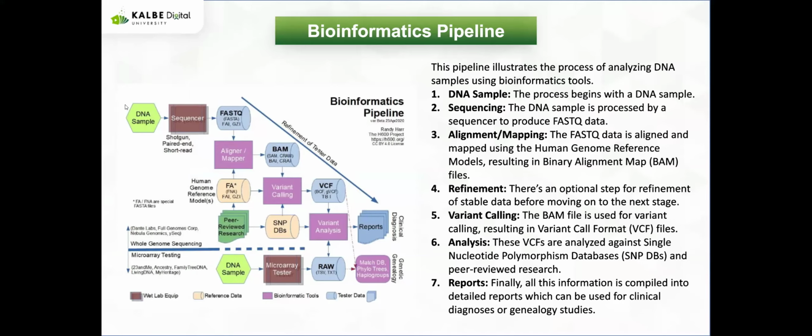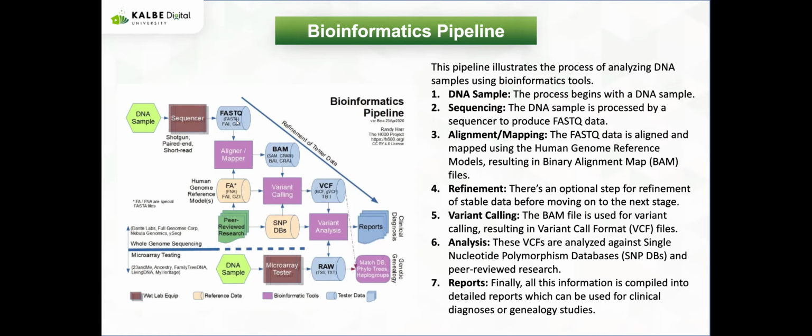I forgot to mention that this pipeline will illustrate the process of analyzing DNA samples using bioinformatics tools. Here, the bioinformatics tools that we'll be using is Terra. So first we start with the DNA sample. Then it goes through a sequencer. So this process is called sequencing, where the DNA sample is processed by the sequencer to produce FASTQ data.